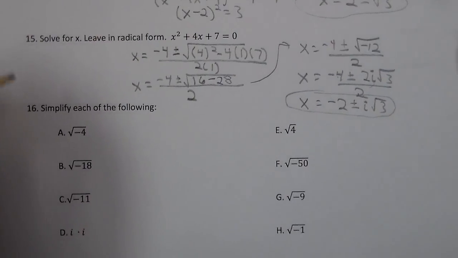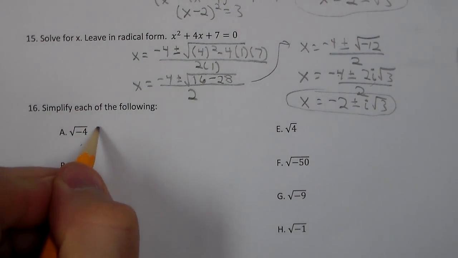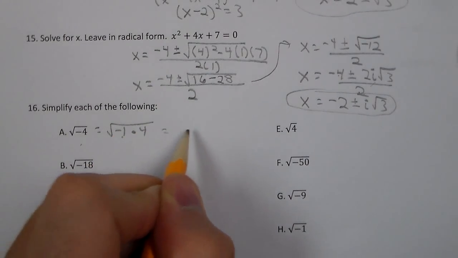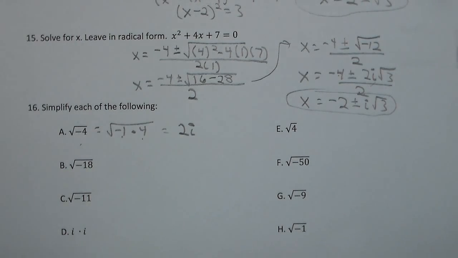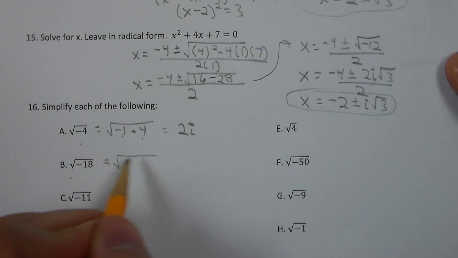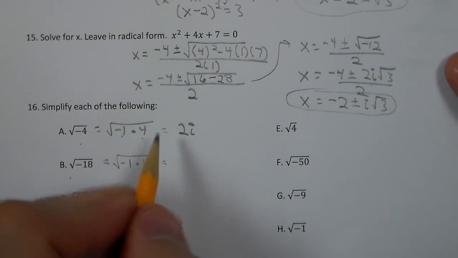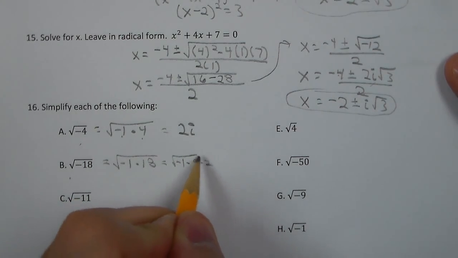Now for number 16, we're simplifying our square roots. The square root of negative 4 is like saying negative 1 times 4. The negative 1 becomes an i. The square root of 4 is 2, so our answer is 2i. For B, the square root of negative 18, which is negative 1 times 9 times 2.